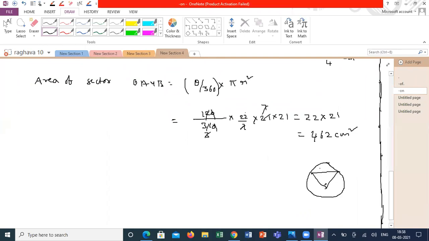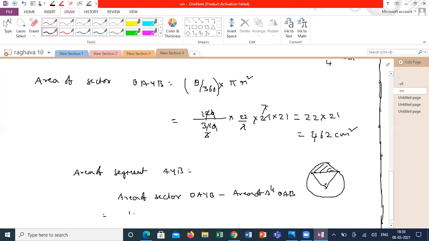If I am asking only this area of segment AYB, that will be equal to area of sector OAYB minus area of triangle OAB.